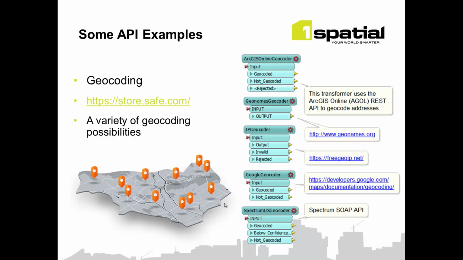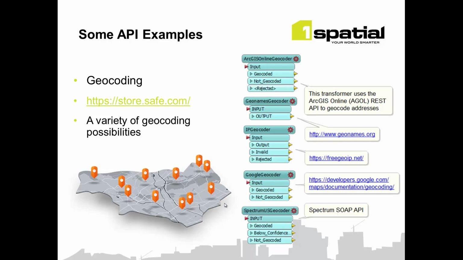So you can see that there is an AGOL, an ArcGIS Online geocoder, that allows you to use your ArcGIS account to communicate with the AGOL API that allows you to carry out geocoding. There's also a GeoNames geocoder, again hitting an API to geocode against that open source naming database.